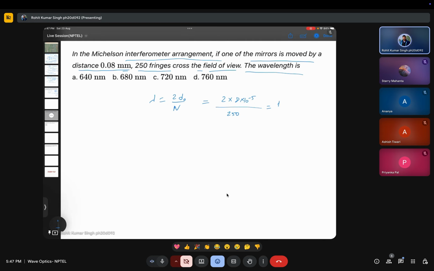So you can write it like this, and then it will be 6.4 into 7, so 640 nanometer. This is straightforward. It's fine, right?